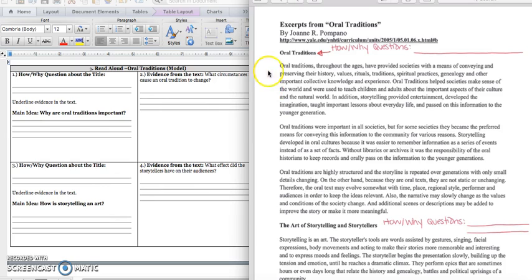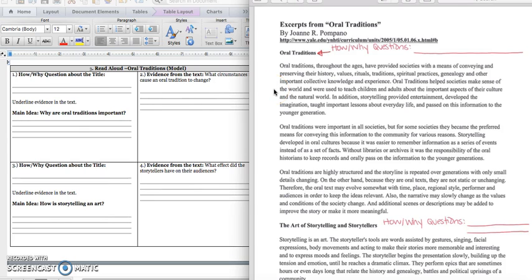I'm going to go ahead and underline that sentence because it helps me answer my question about why oral traditions are important. And they're important because they help communities preserve or know their history, their values, their culture. It's a way for everyone in the community to know the community's values through oral traditions.